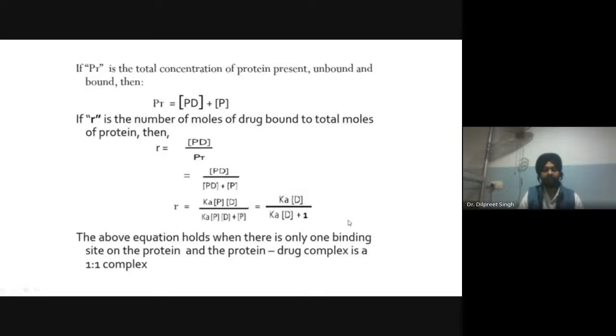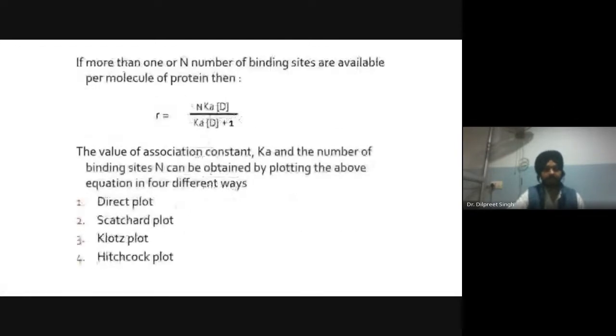So the final equation we get is r equals Ka D divided by Ka D plus 1. The above equation holds when there is only one binding site on a protein and the protein-drug complex is available in a one-to-one complex.